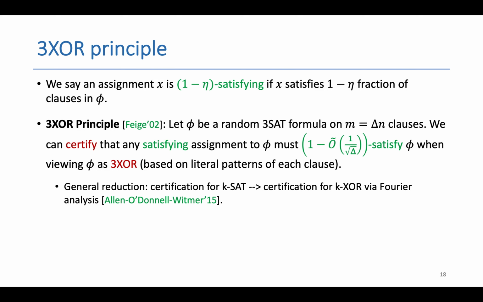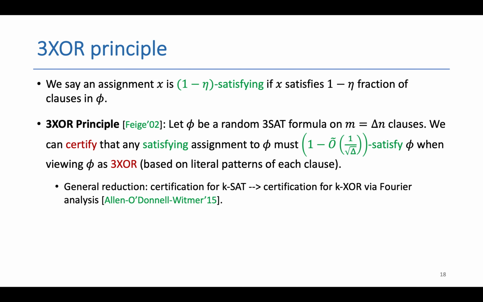In particular, if you have a random 3-SAT formula phi on delta times n clauses, we can actually certify the following about any potentially satisfying assignment to this formula. That is, if there's a satisfying assignment to phi, it must also satisfy phi if you look at phi as a 3-XOR formula rather than just a 3-SAT formula.